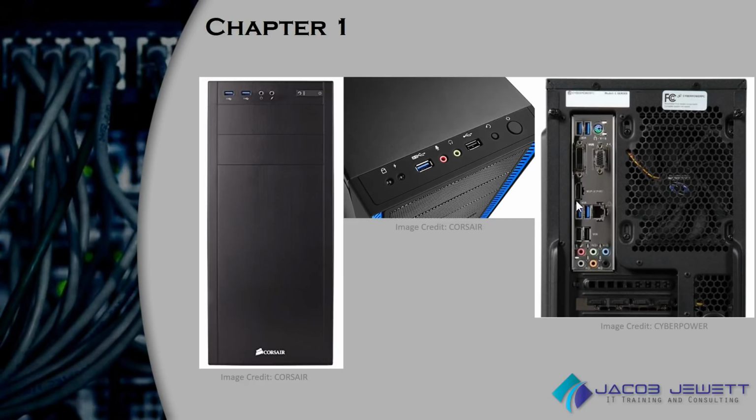On this I/O shield, we have 3 different types of video connections. We have a display port here. We have a DVI connection here, which is a digital video interface. And then we have a VGA port here, which is called a DB15, meaning it's got 15 connection pins on it.